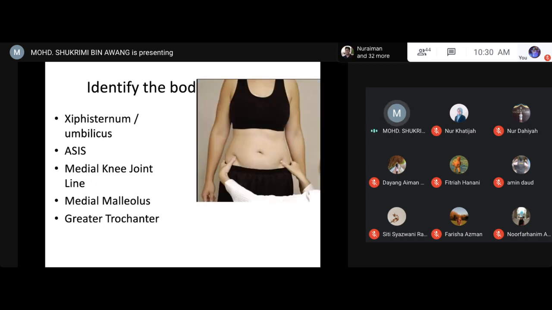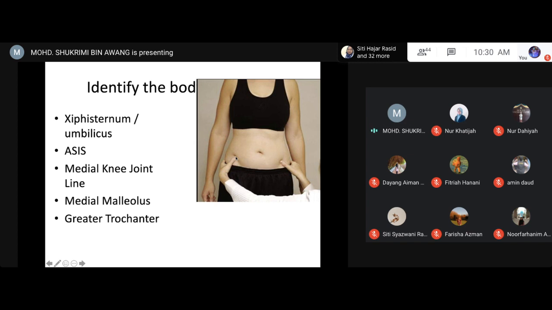So, of course, the umbilicus is a fixed point, or the xiphisternum. Okay, so this is one point, and your ASIS. You should know, and if we ask you in the exam, how you determine this level is ASIS. You should start from your symphysis pubis, go along your inguinal ligament, until you feel your first bony prominence.